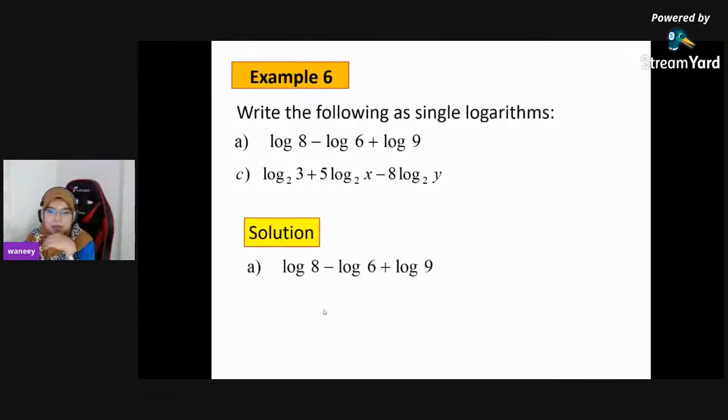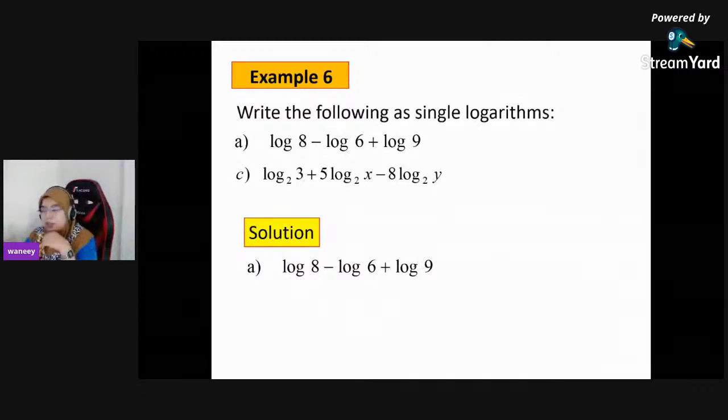Log 8 minus log 6 plus log 9. So check the base first. So this is base 10, base 10, base 10. So we can do some law of logarithm then. So since we have a minus over here, it will become a division. This one will become a multiplication. So that means 8 over 6 times 9.